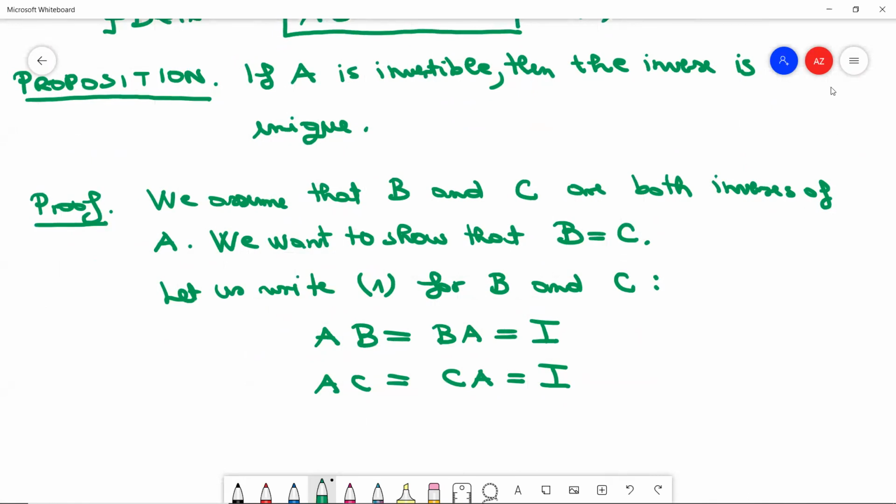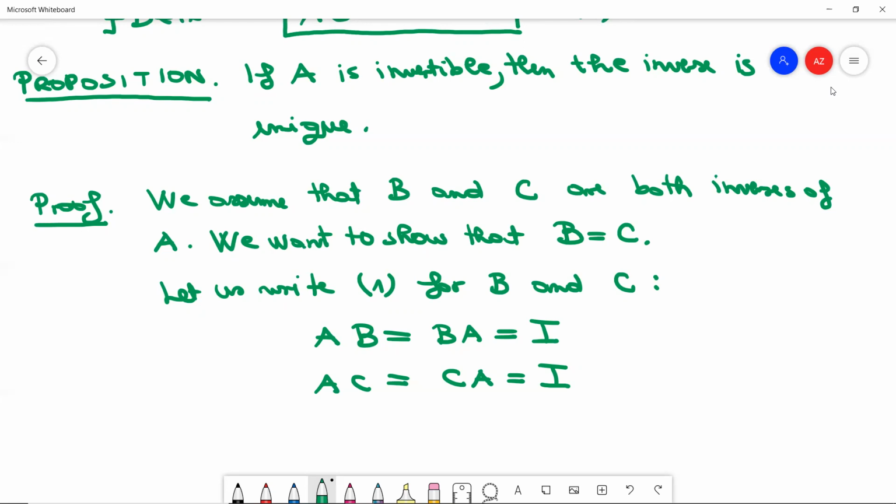Does anybody have an idea what to do? I see one proof in the chat by Matej. Let's see. Matej says that AB is identity, AC is identity, and then he writes BAB is BAC, which means that B is C.